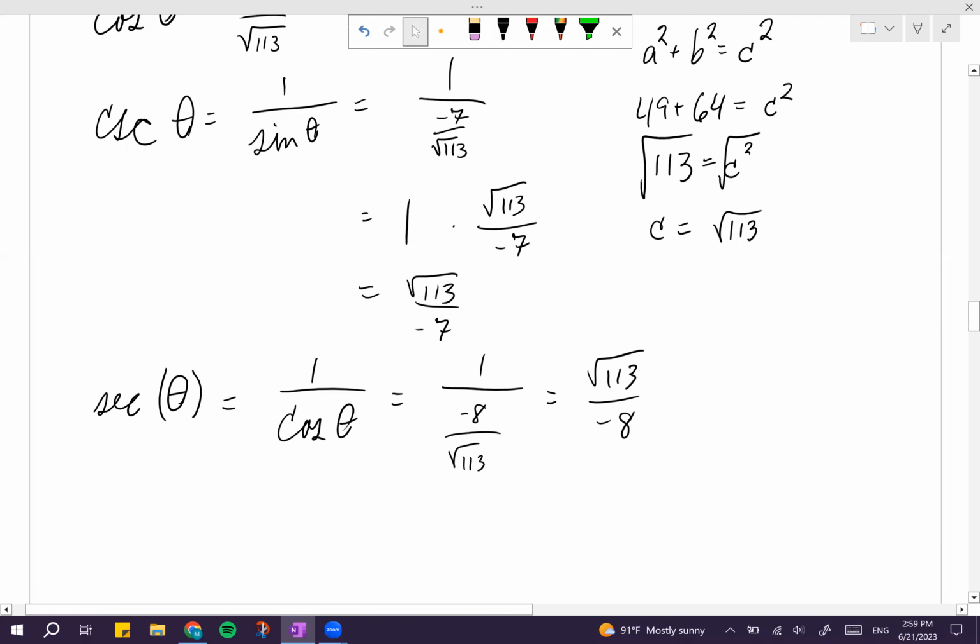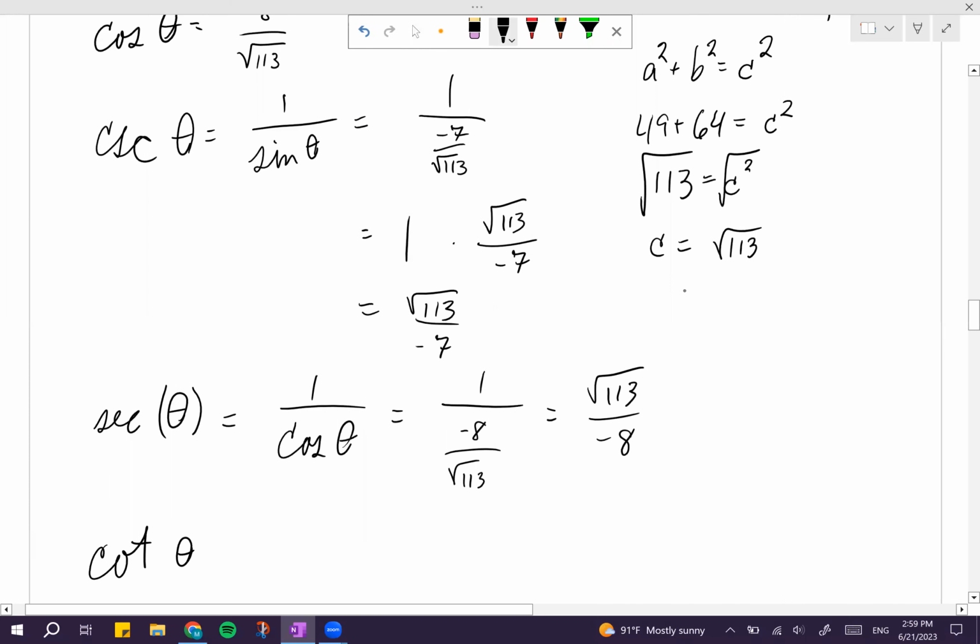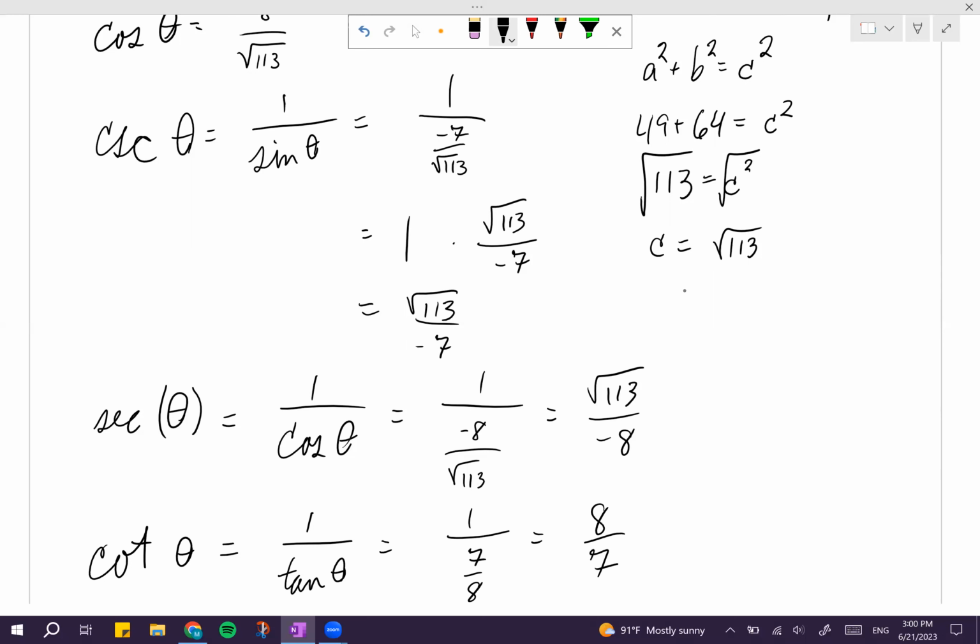And then my cotangent of theta is 1 over my tangent of theta. And we already said my tangent of theta was 7 over 8. Again, from similar steps, we're going to get 8 over 7. All right. So that's my final answers for these.